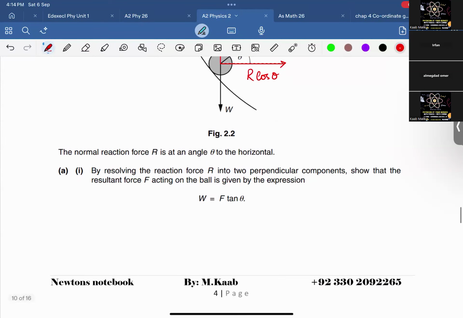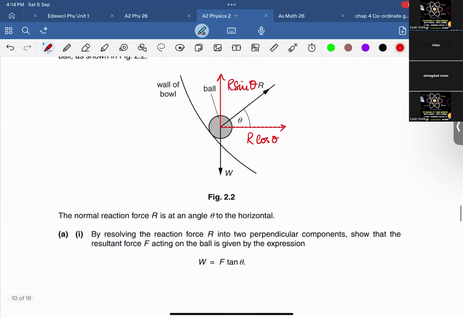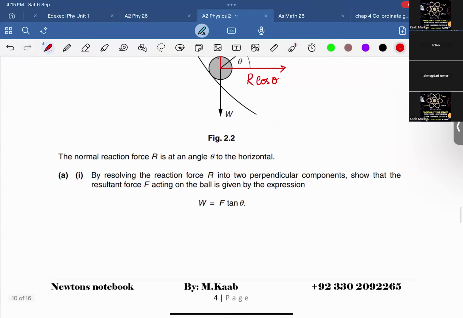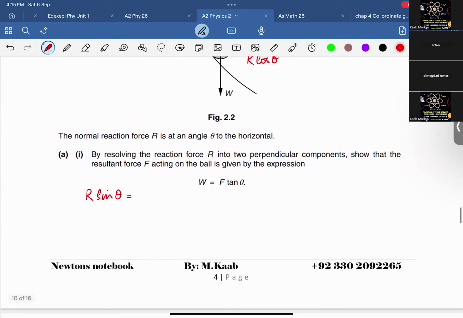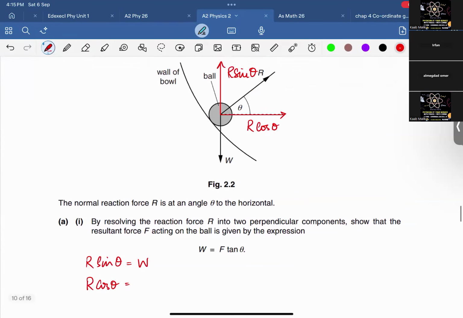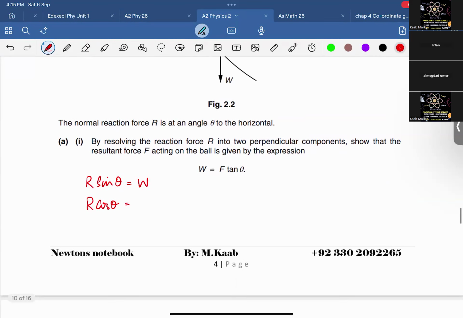Now R sine theta is balancing the weight, while R cos theta is unbalanced, so it will provide the centripetal force. So R sine theta is equal to the weight, while R cos theta is not equal to anything, it is just providing the centripetal force or the resultant force which you are calling F.